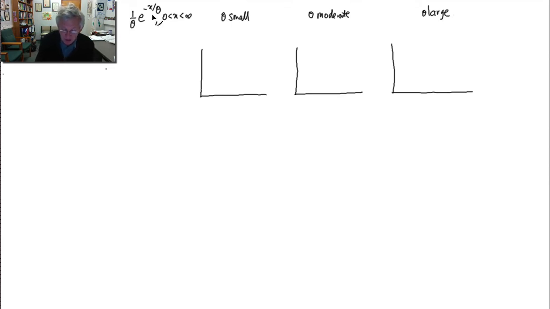Now, if theta is really small, you can see that at x equals 0 the height of this density is 1 over theta, so the density starts off quite high and it comes down very quickly like this. If theta is moderate, then 1 over theta is a bit smaller and it comes down like this.